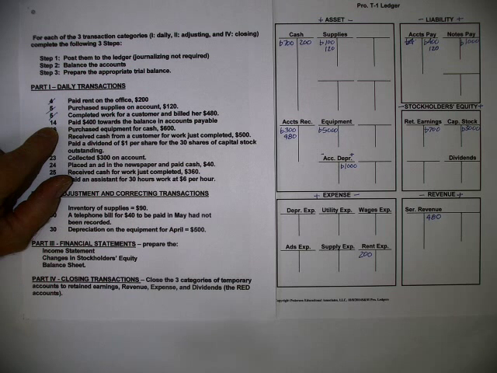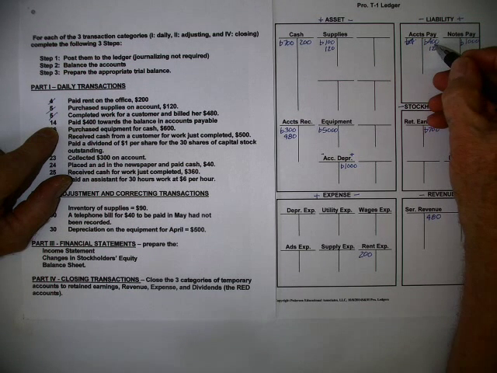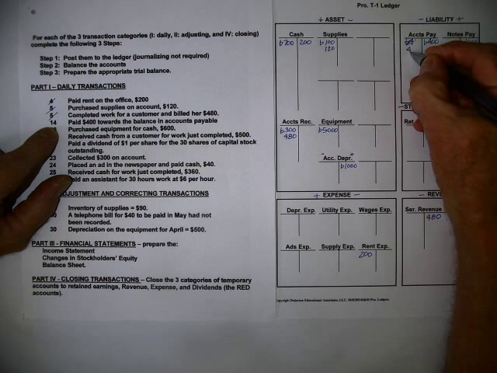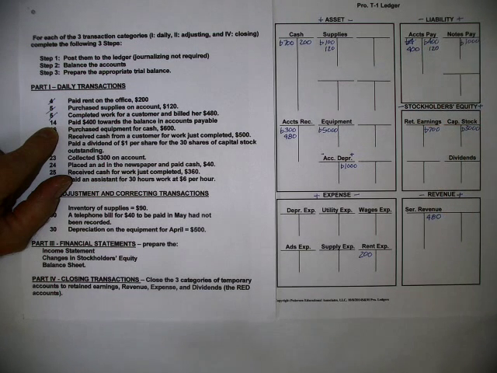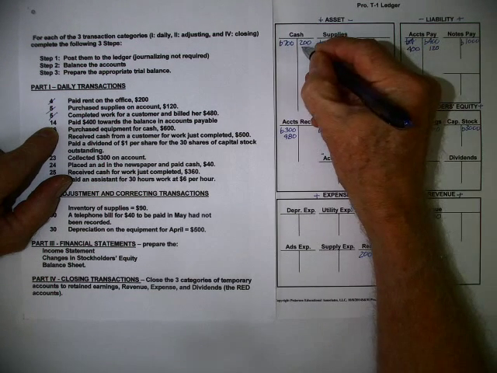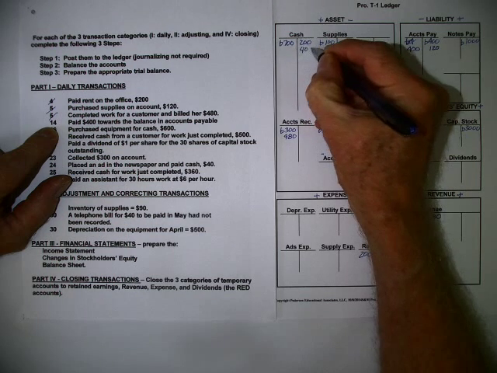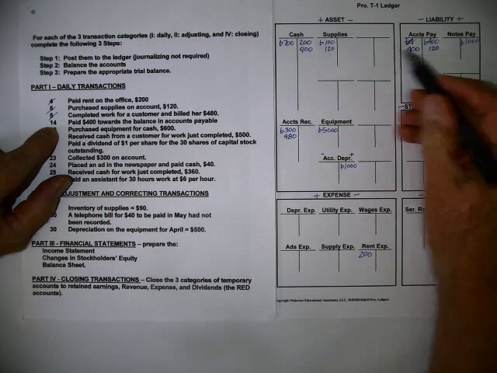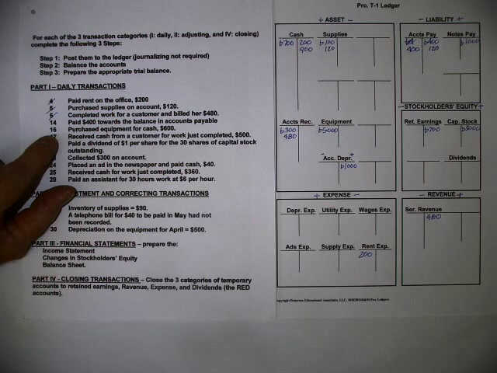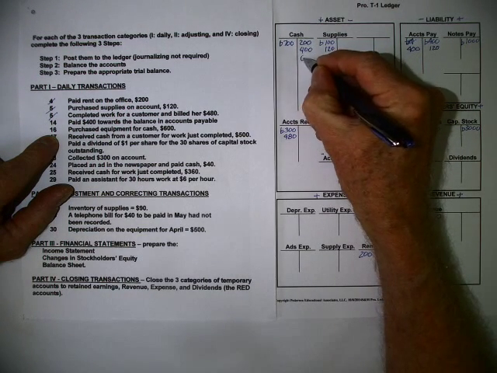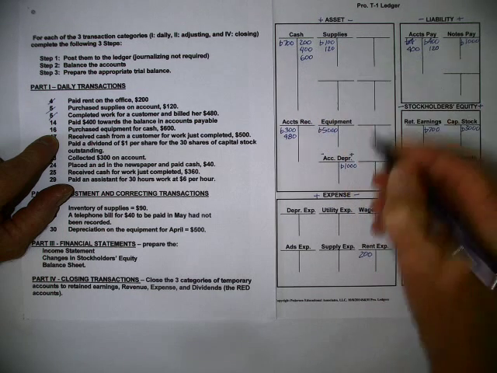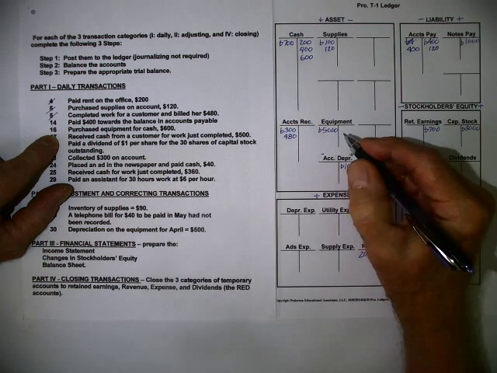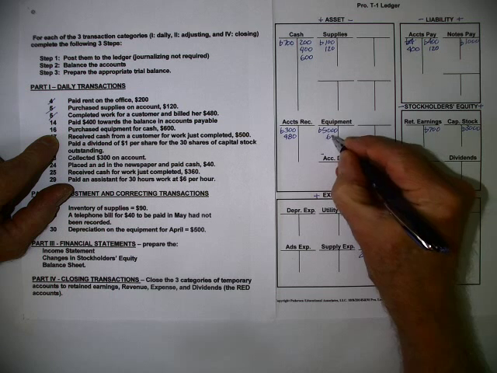All right, so let's decrease our balance in accounts payable by 400 by putting it on the decrease side, the debit side, and it's coming out of cash as well. There's my debit, there's my credit. Purchase equipment for cash, $600. All right, let's pay $600 cash, and we're increasing our equipment account by $600.